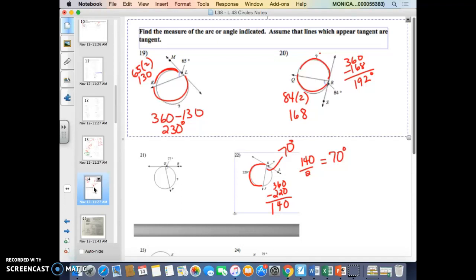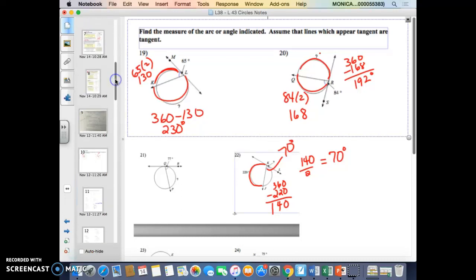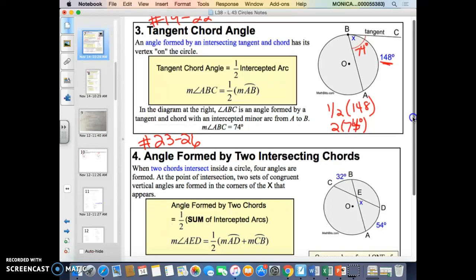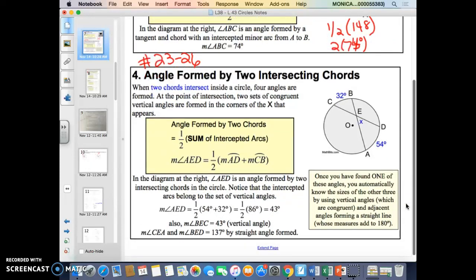All right. Now, starting with number 23, we've got a new type of problem. So let's go back to our notes here. These problems all look like a crisscross in the middle of the circle. And this is an angle formed by two intersecting chords. Remember, chords being lines that have two endpoints on the circle. This has got an interesting formula.